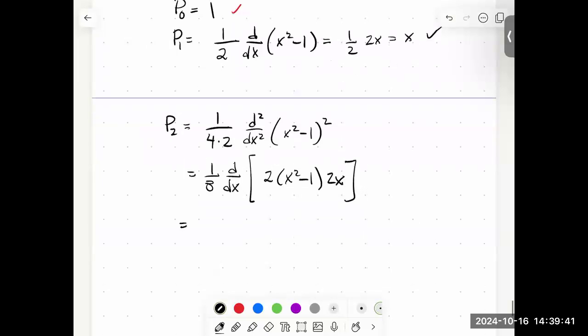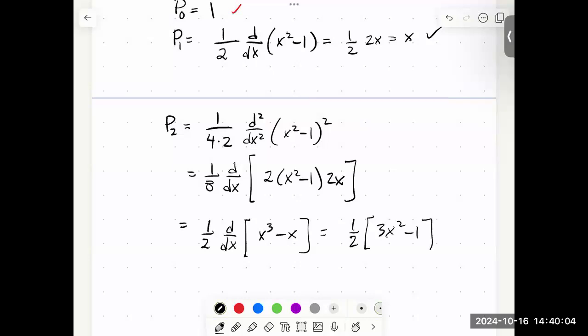So I think this is, let's see, 4 divided by 8, so we'll get a 1/2 d by dx of, what do we have? X cubed minus x, I think, if I've done this right. So we would get 1/2 of 3x squared minus 1. There it is. So there's the second polynomial.